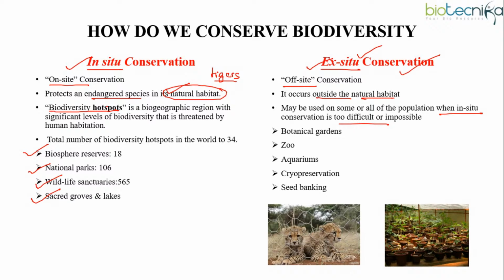So what these nations have done is identify biodiversity hotspots. What are biodiversity hotspots? These are biogeographic regions with a significant level of biodiversity that is threatened by human habitation. Biodiversity hotspots are the regions with a very high level of species richness and a high degree of endemism. That is, the species is confined to that region. You will not find that species anywhere else.